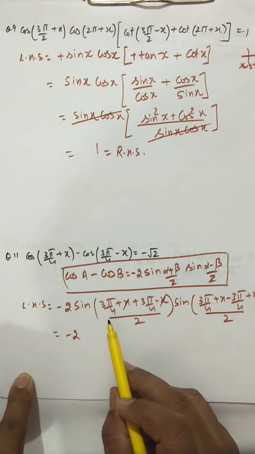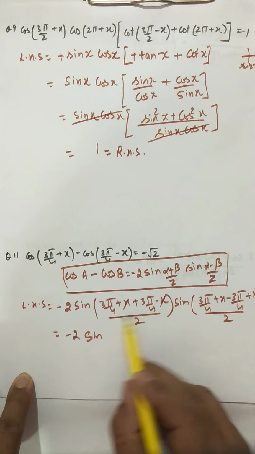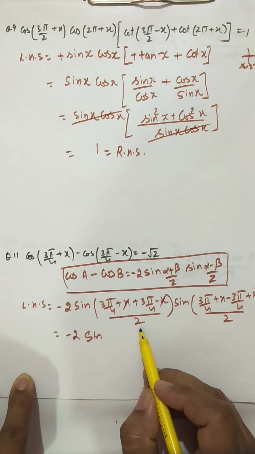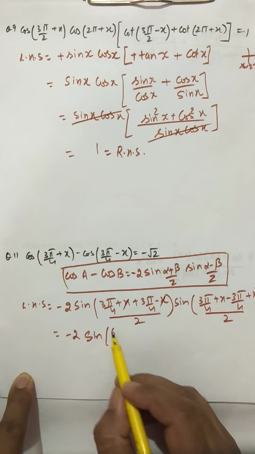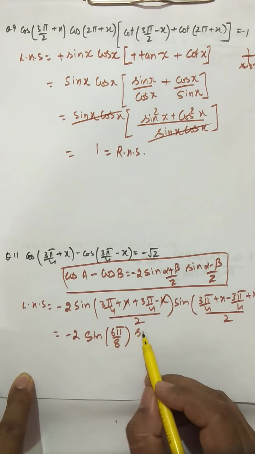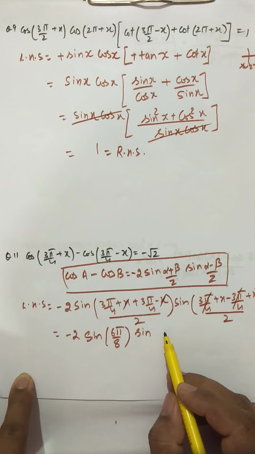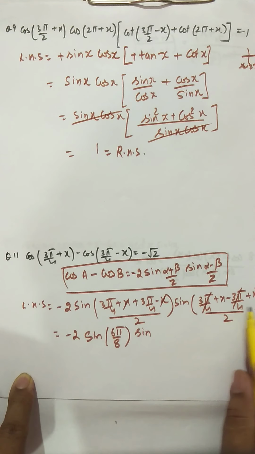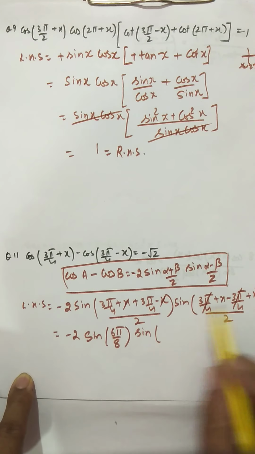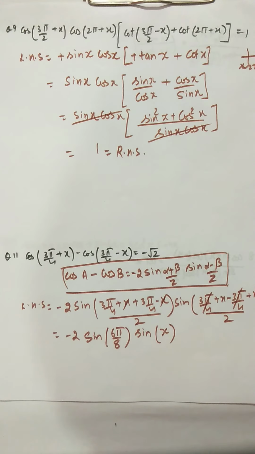You simplify this. This will become sine of 6 pi by 4 divided by 2 also, so it will be 6 pi by 8 ultimately. And this will cancel, and this will become sine of 2x upon 2, this is sine x.